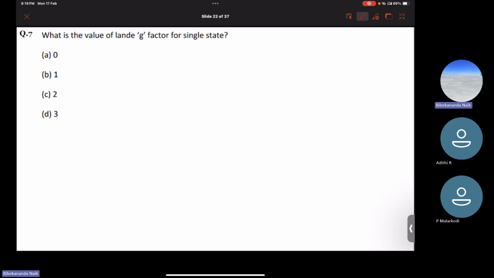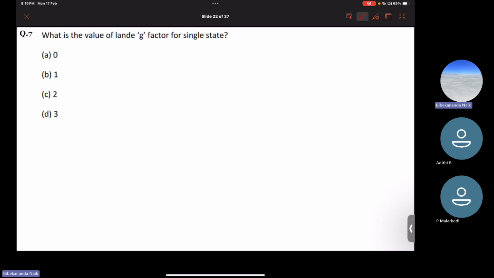Again, question number 7 says, what is the value of Landé g factor for single state? Options are option A 0, option B 1, option C 2, option D 3.